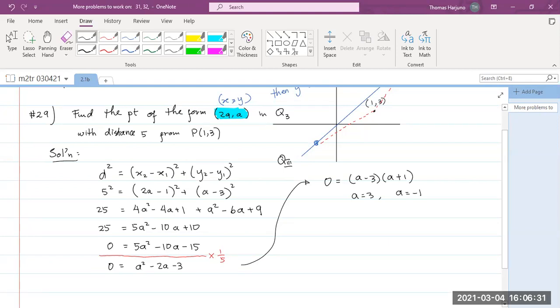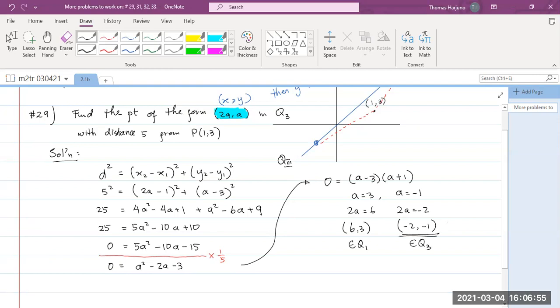So if a is 3, then 2a will be 6, and the coordinate will be 6, 3. If a is -1, then 2a is -2, then the coordinate is -2, -1. Now, this guy here is in quadrant 1. This guy here is in quadrant 3, right?